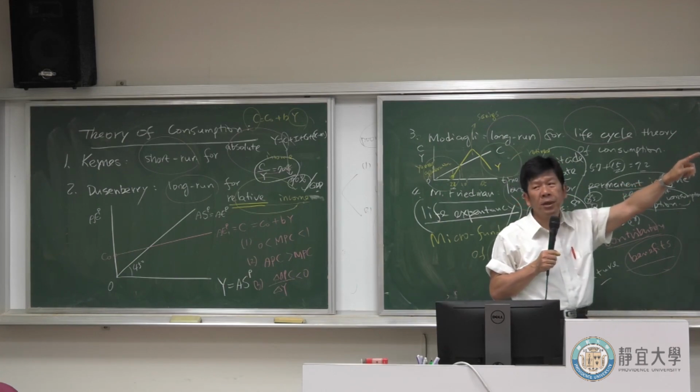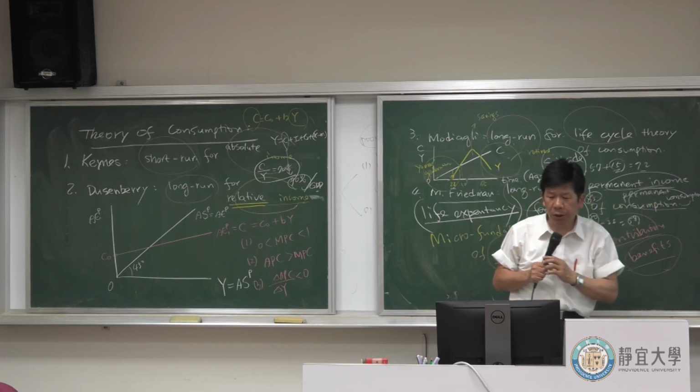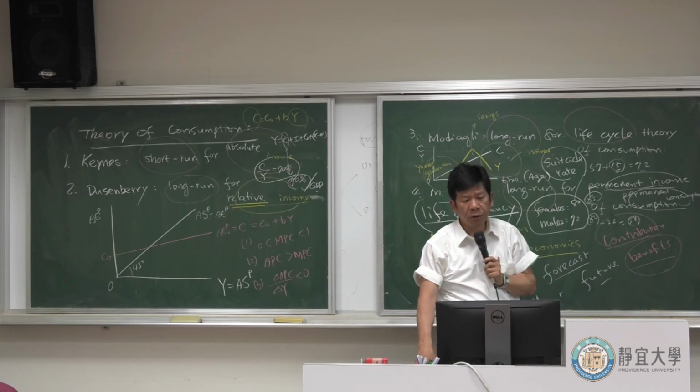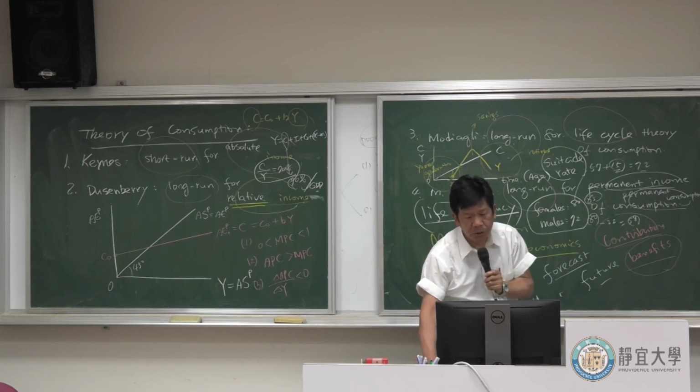AD means aggregate demand, or GDP. Here you can see that the fluctuation in consumption is proportionally smaller than the fluctuation in GDP. And second, consumption is relatively stable.